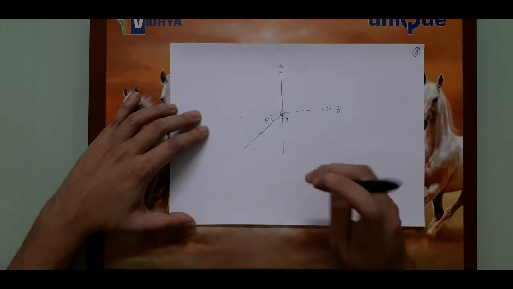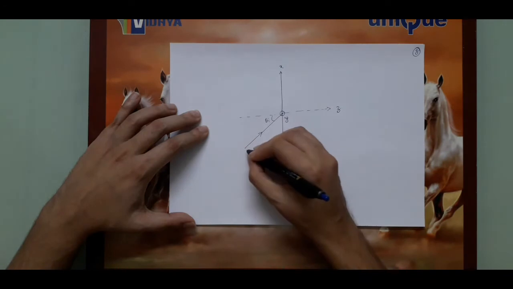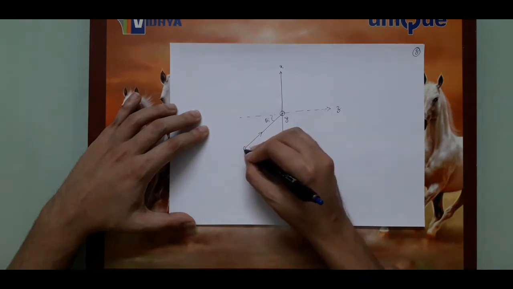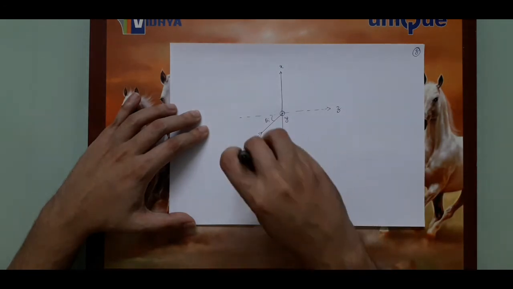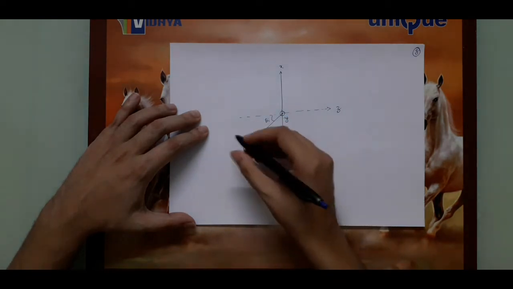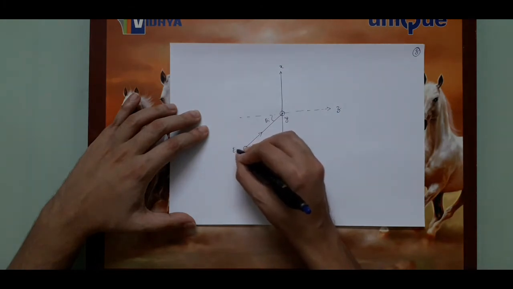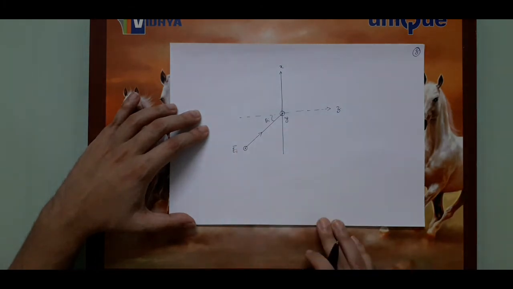So let us say, at this point on the wave, the E field is coming out of the plane of the paper as a special case. Since this is the incident wave, let us call the E field vector EI. Then what will be the direction of the H field?